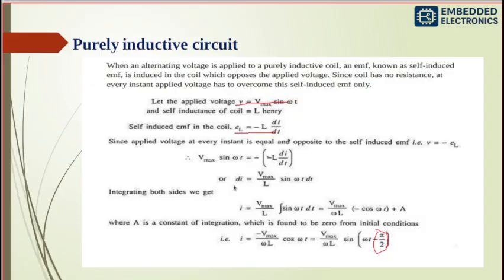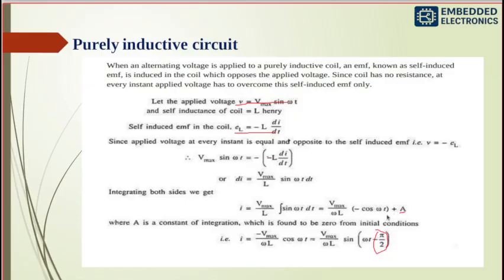So we need the I value. Take integration on both sides. Integration of di is nothing but I. The constant term, write as it is, then apply integration. Integration of sin omega t is minus cos omega t divided by omega, plus the integration constant, that is nothing but A.